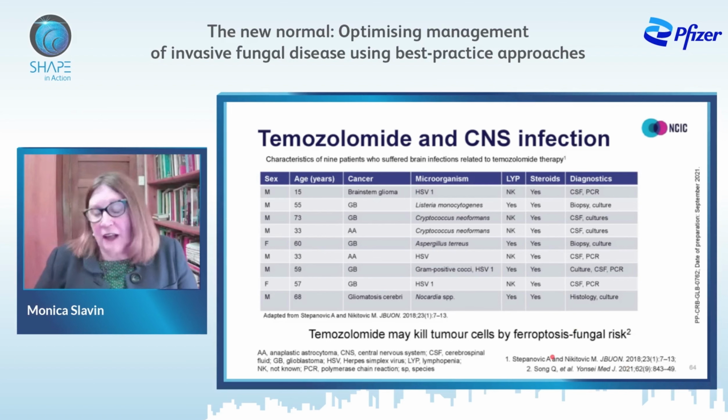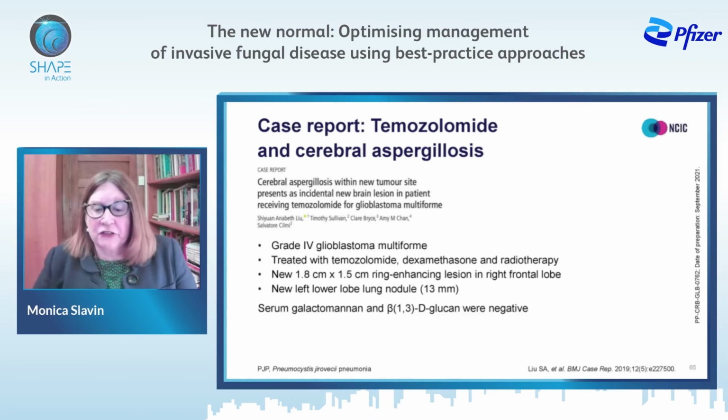So it is a theory that might be further explored, although we know from the literature, and this was a fairly extensive literature review over a number of years, there were not a high number of cases of mould infections seen. There has been a previous case report of temozolomide and cerebral aspergillosis, a very similar case to ours, where this was being used for glioblastoma multiforme, along with dexamethasone and radiation therapy.